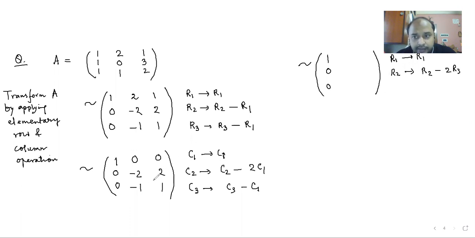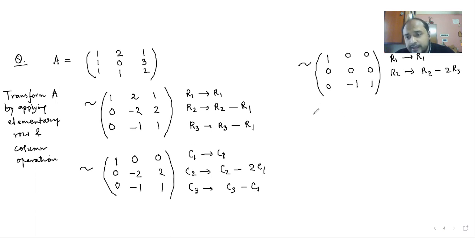So if I multiply R3 by 2, I will get 0, minus 2, and 2. And if I subtract from R2, what do I get? 0 minus 0, that is 0, minus 2 minus minus 2, that is 0, and 2 minus 2, that is 0. Okay, and let us keep it the same, no problem for the time being.